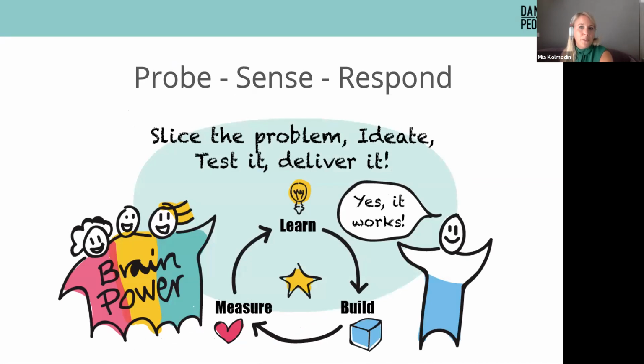And doing probe, sense, respond. If we have teams that have the psychological safety and they know where they're going in this direction, maybe reaching a specific goal, then they can probe, sense, respond in their team and work continuously to understand new customer behaviors and apply maybe different solutions to different problems and test to see if they are reaching those goals, not having those details planned beforehand, but doing it along the way.